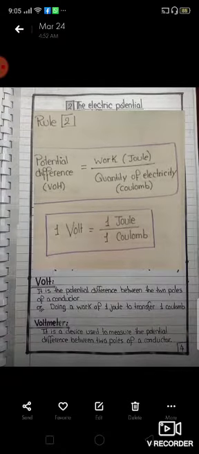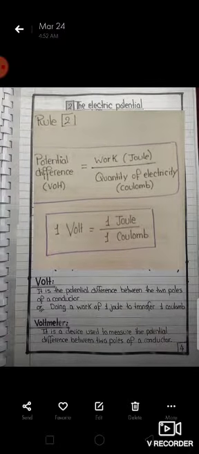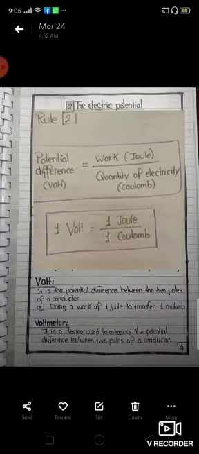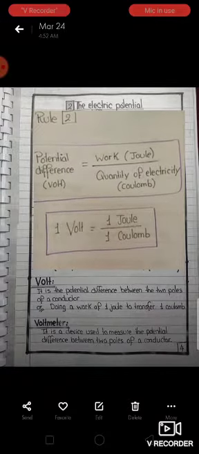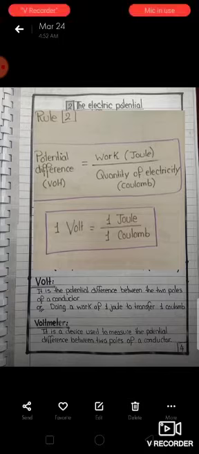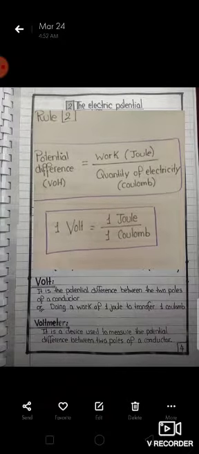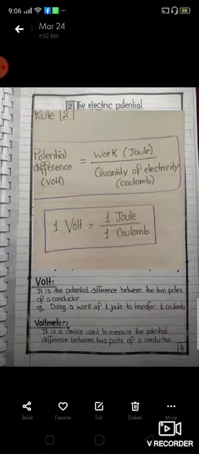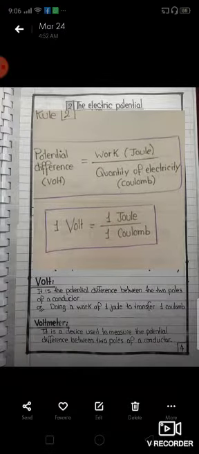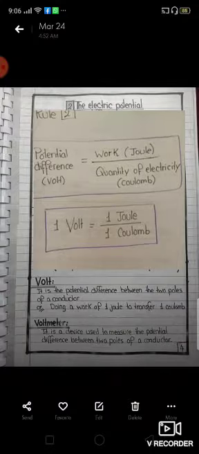It means that 1 volt equals 1 joule over 1 coulomb. And from here we must know the definition of volt. It is the potential difference between the two poles of a conductor, or in other words, it is doing a work of 1 joule to transfer 1 coulomb through the electric circuit.